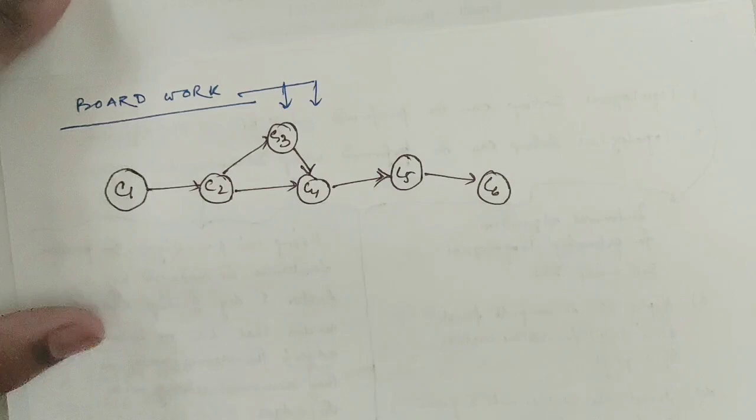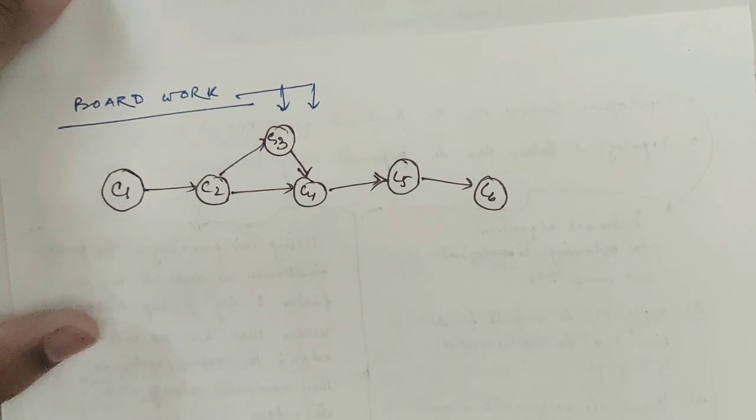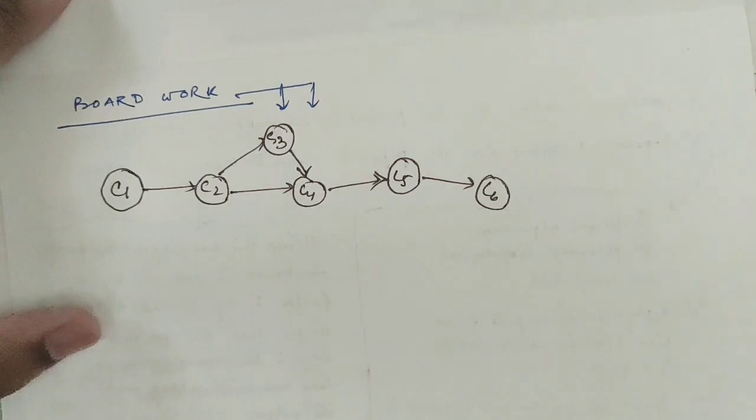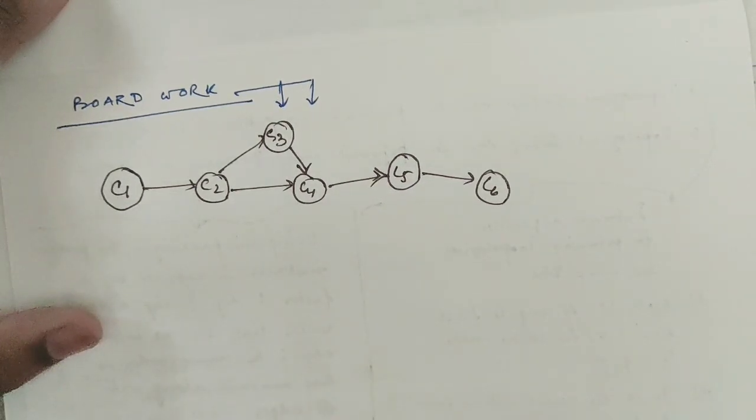Now, before forming the adjacency matrix of the graph, I tell you that there is a procedure for performing topological sort using the adjacency matrix, and I will definitely explain the process. Let me first represent the adjacency matrix for this graph, then I will come to the next part of it.